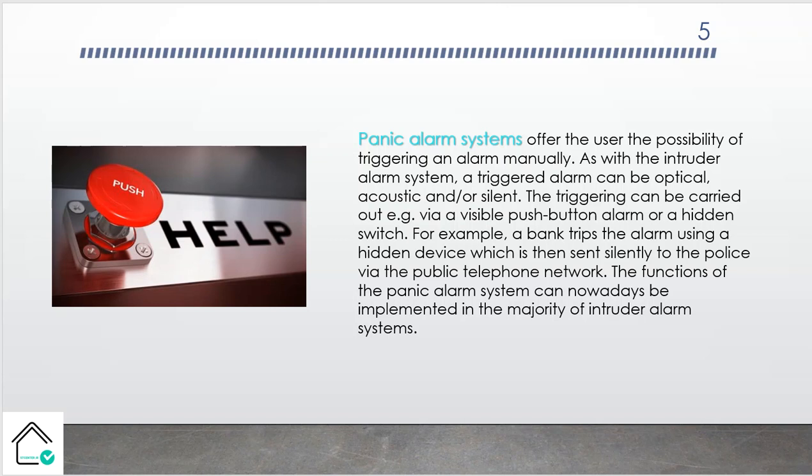We even have a silent panic switch. For example, in banks, when a thief comes into the bank, the employee presses a button behind their table. It's a silent panic switch. The triggering can be carried out via a visible push button alarm or a hidden switch, for example in a bank. Okay, so we have the panic switch.